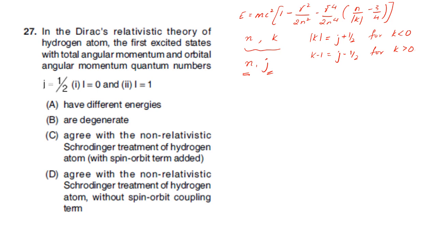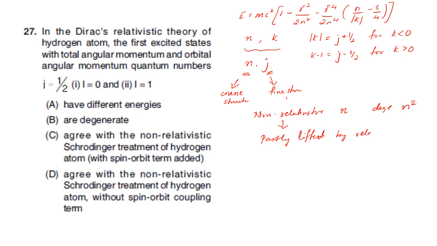Here the core structure of energy level is explained by n and fine structure is explained by j. Then from non-relativistic theory, we know that for a given n, degeneracy is n square, but this degeneracy is partly lifted by relativistic effects.